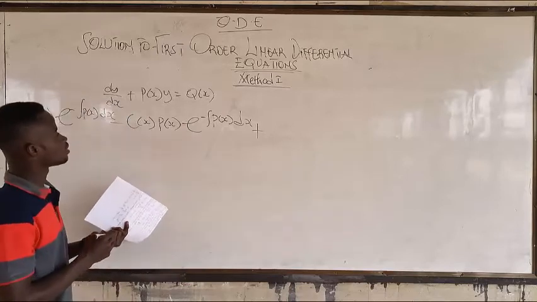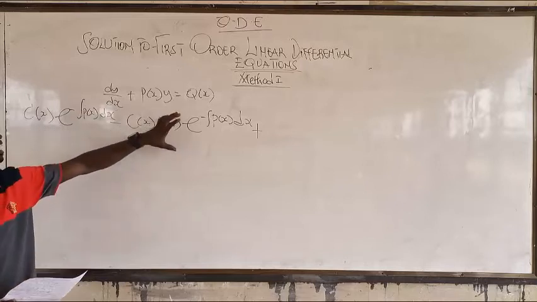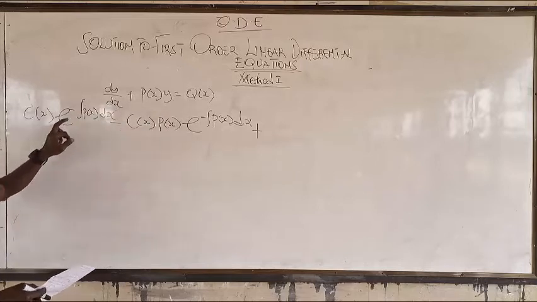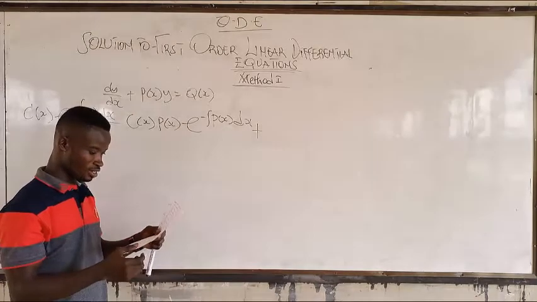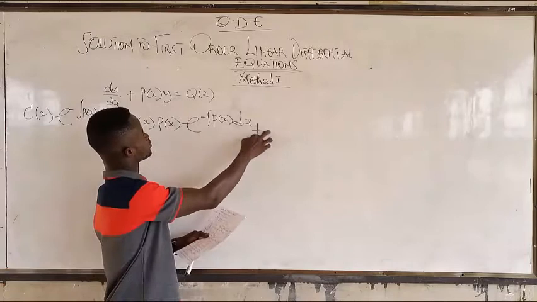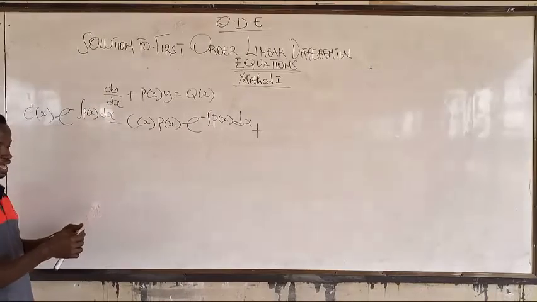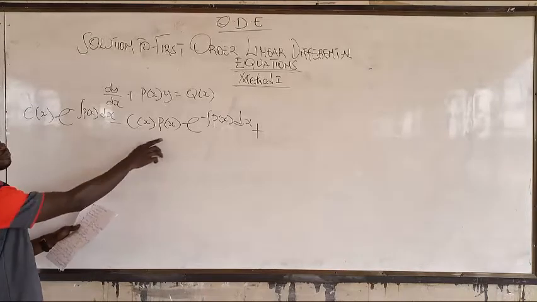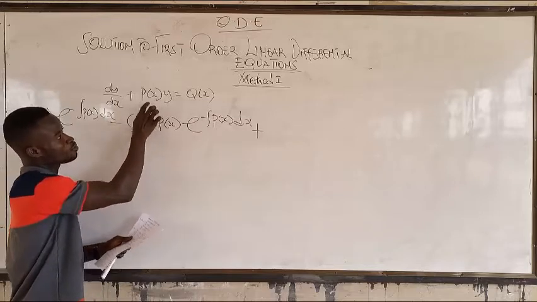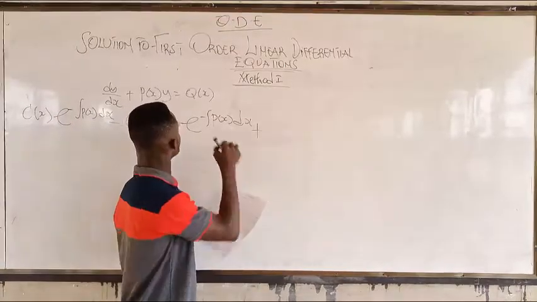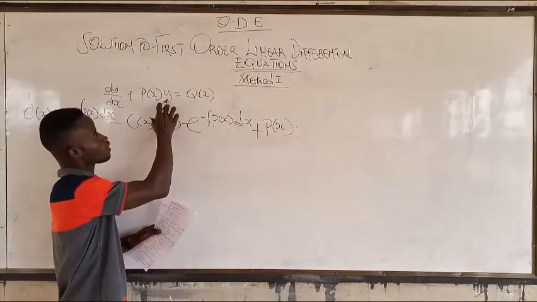But wait, we are still writing there. We are still writing the dy dx. We haven't gone to that part. Alright. So we are now going to write this part. So the whole of this is the dy dx, alright, that ends with that part. So the whole of this is the dy dx plus, then we come to this part. We have p of x multiplying the y.